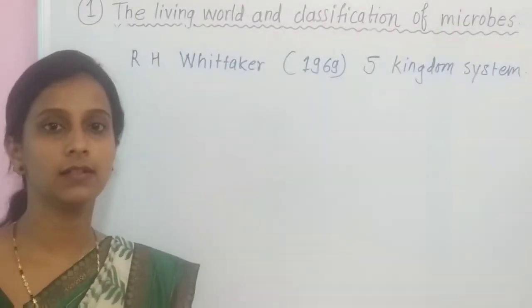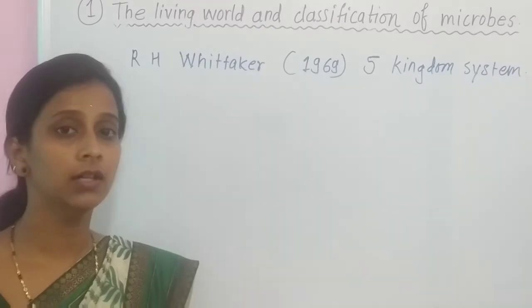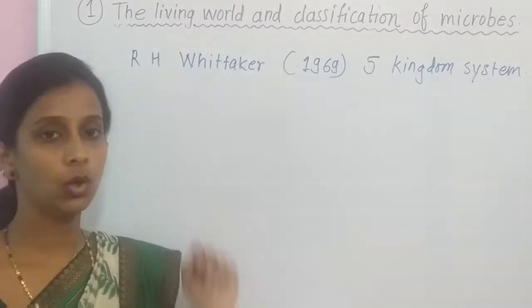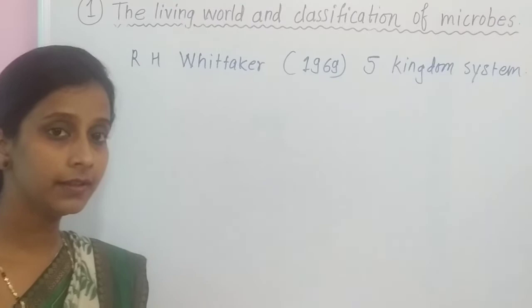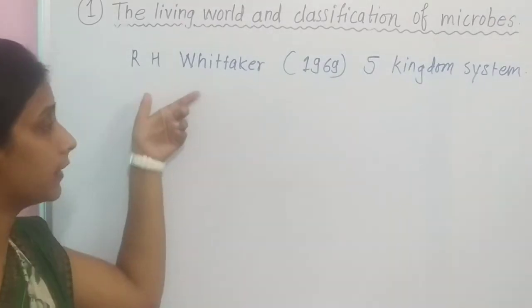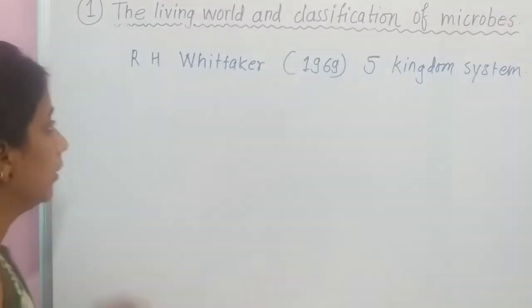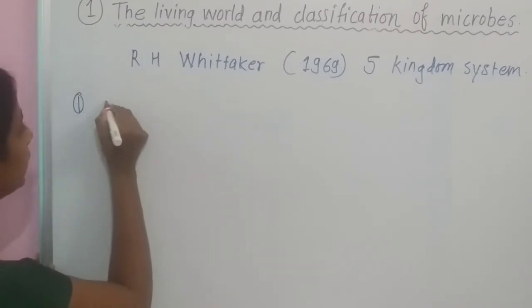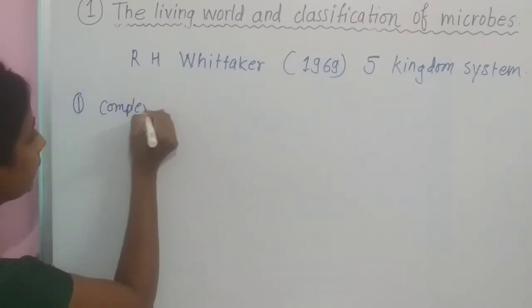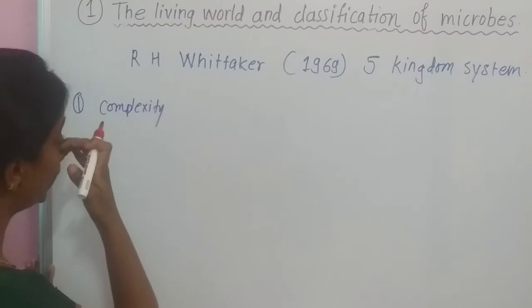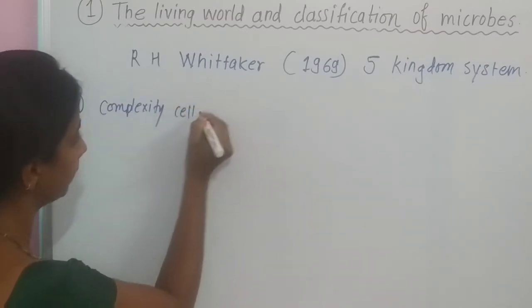He considered specific criteria to classify the living organisms. Let us see the criteria used by R.H. Whittaker. First is the complexity of cell structure.